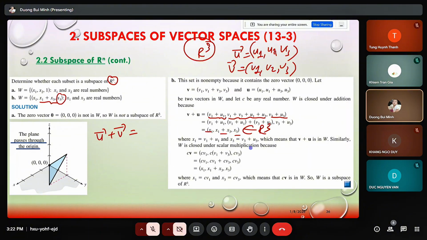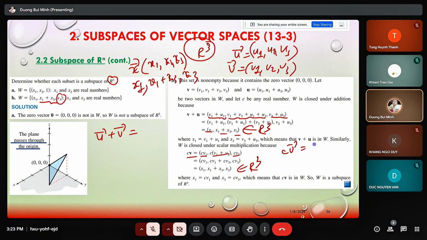Okay. Now c times V. C times V, you get cV1, then cV1 plus cV3, and then cV3, which belongs to R3. Look, this is a set. If we have any vector x, we have x1, x2, and x3, and if we apply this set, you get x1 and then x1 plus x3 and then x3. So now we have c times V1, V2, V3.